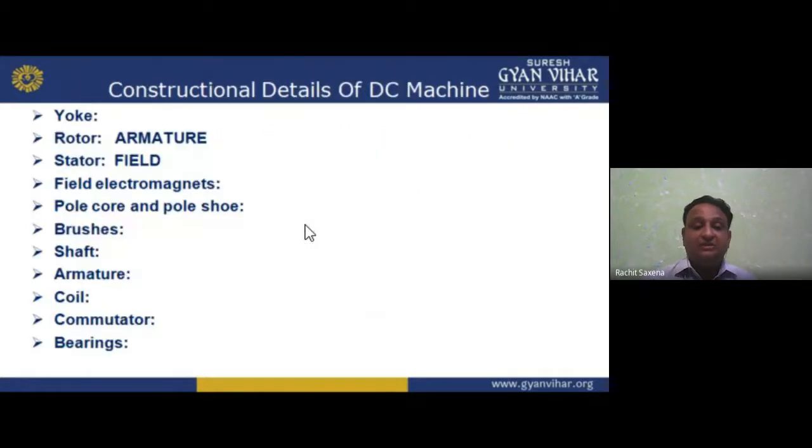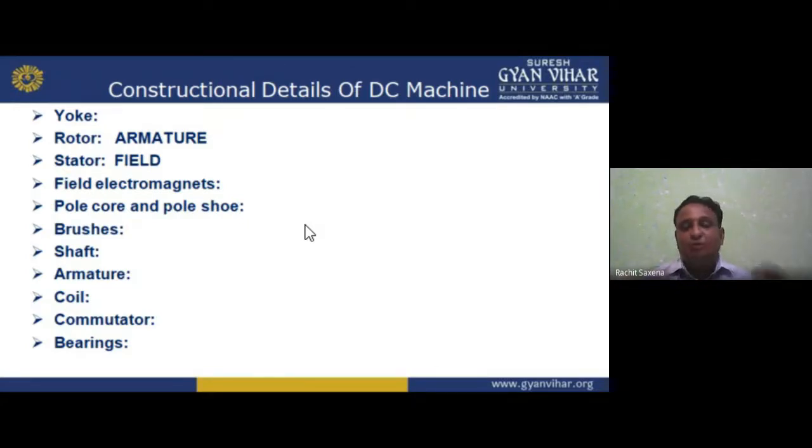Now, construction details of DC machine. As I told you earlier, both machines have similar construction. Why similar construction?